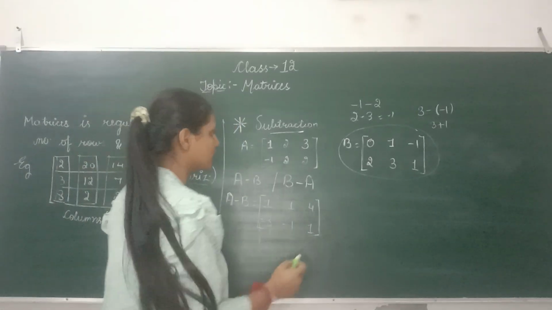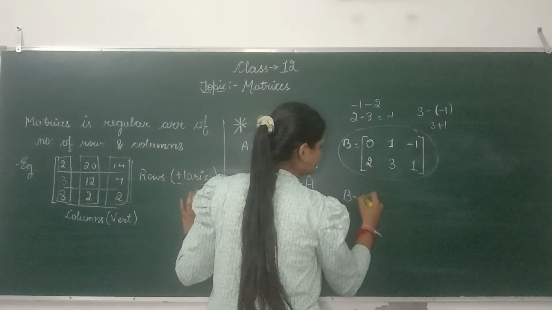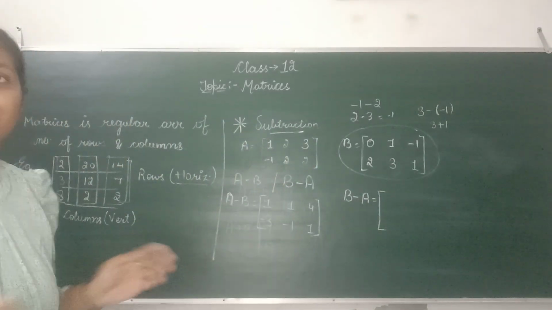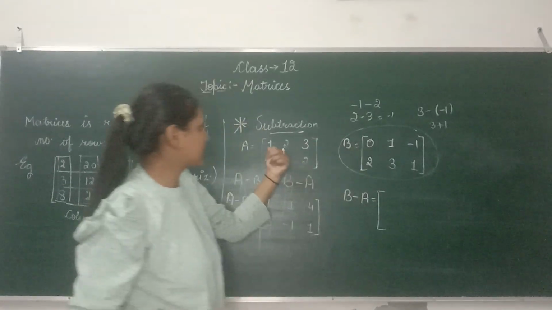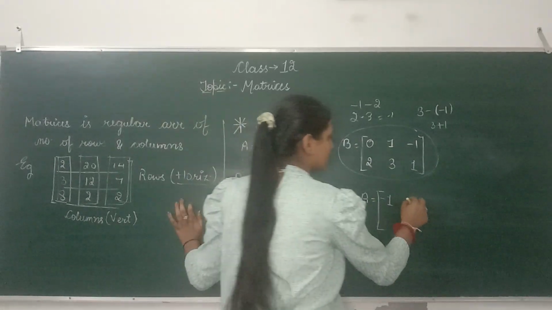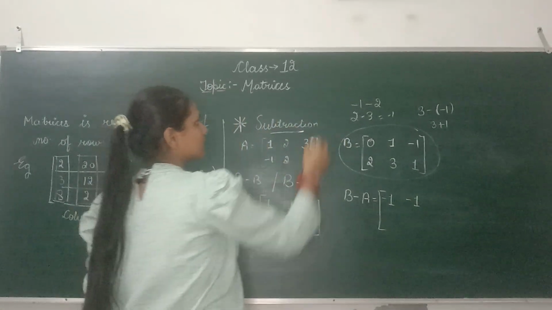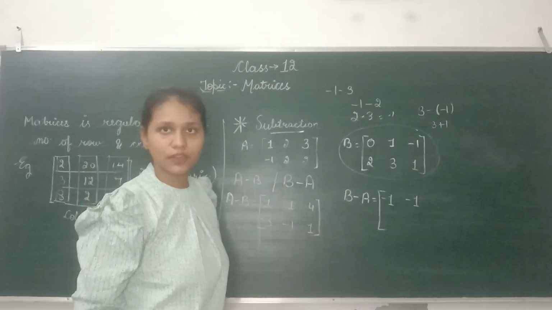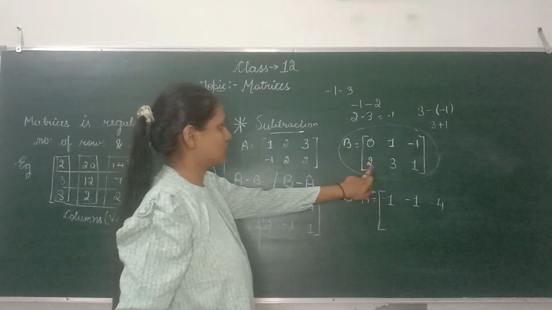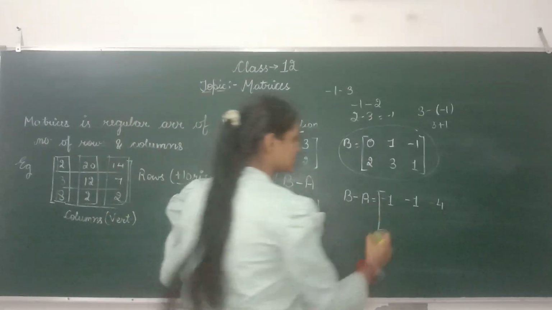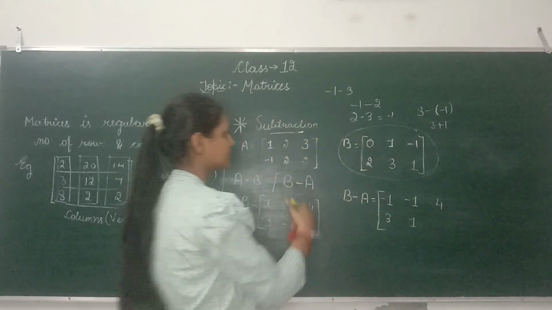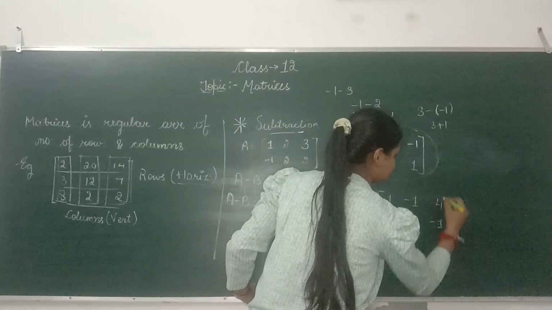Okay, if the matrix you have to find is B minus A, then the numbers are reversed, that is 0 minus 1 is minus 1, 1 minus 2 is minus 1, minus 1 minus 3 is minus 4, minus 2 minus of minus 1 is minus 1, 3 minus 2 is 1, and 1 minus 2 is minus 1.